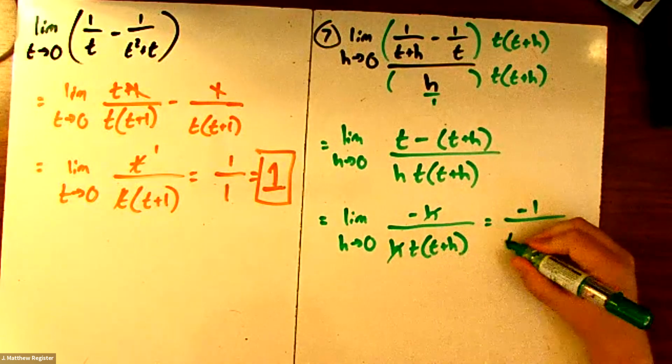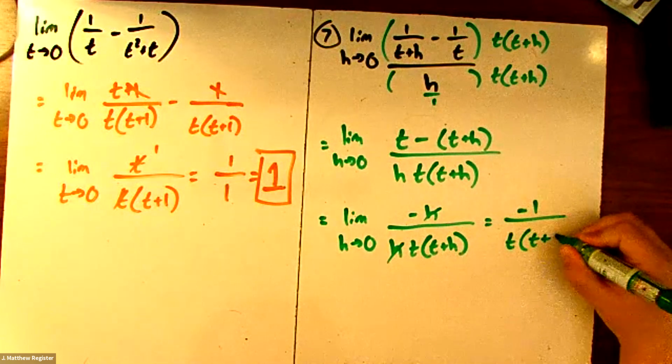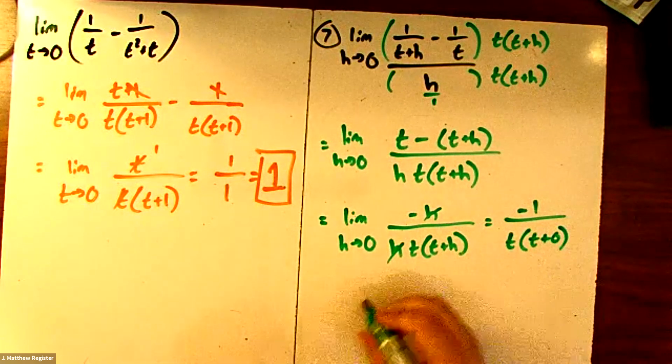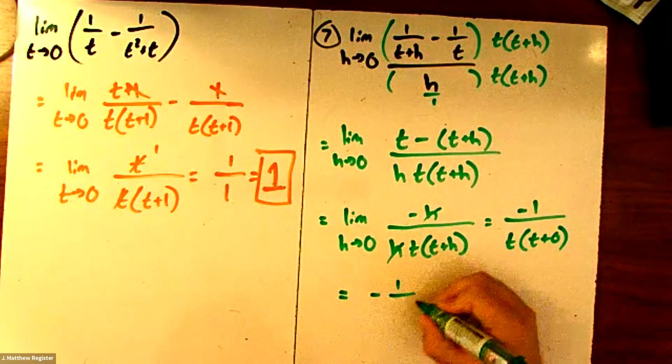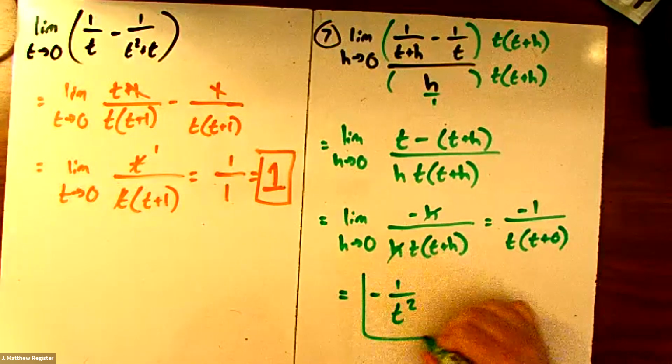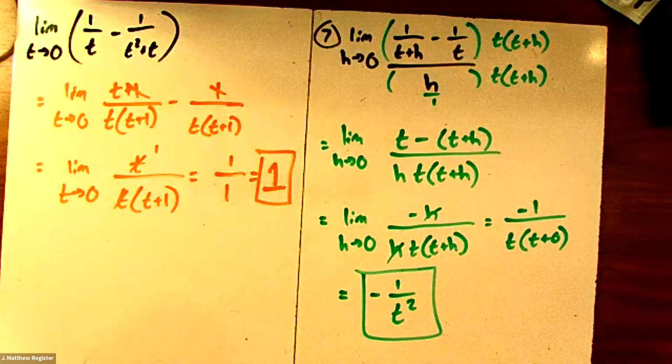T just hangs out. And it's t plus 0. And so our final answer is negative 1 over t squared. And so that's how we would approach that one. And hopefully that's not too terrible.